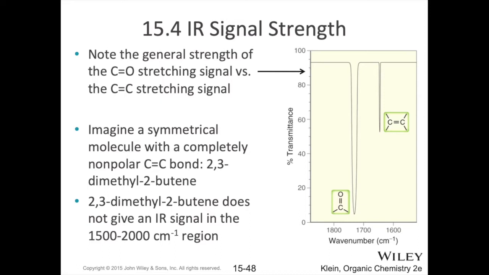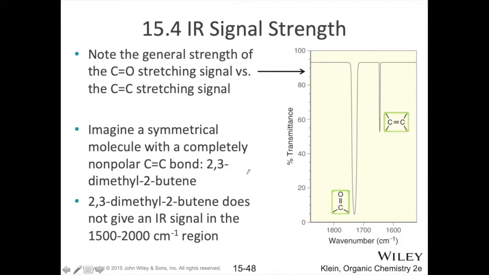All right. So normally you would expect a carbon-carbon double bond to show up somewhere in this range, between 1600 and 1700. But if we had a completely nonpolar molecule, try drawing out 2,3-dimethyl-2-butene. I could just draw it out to show you.